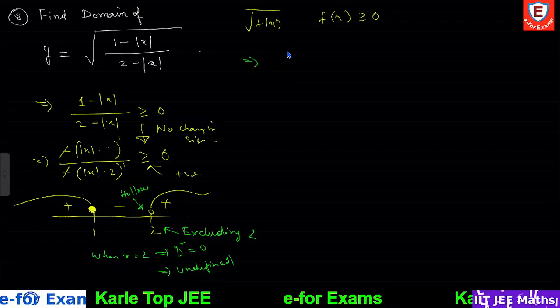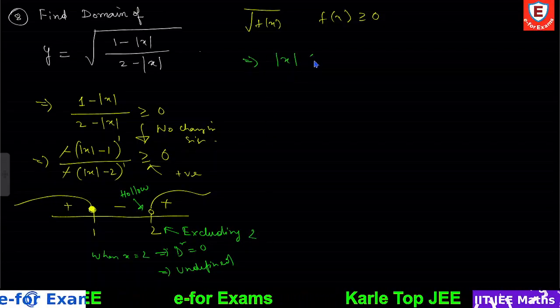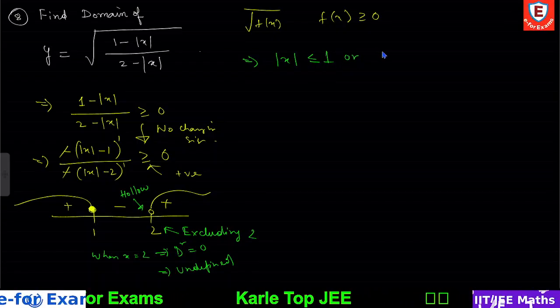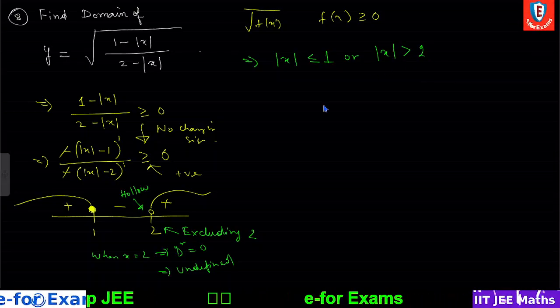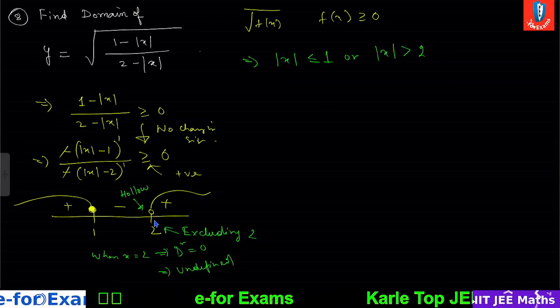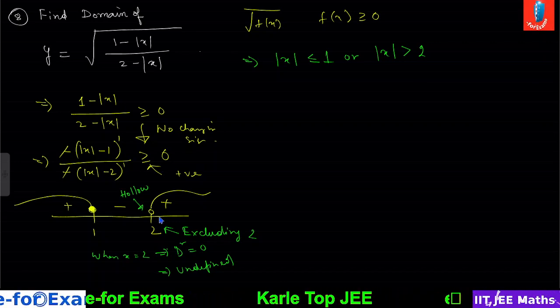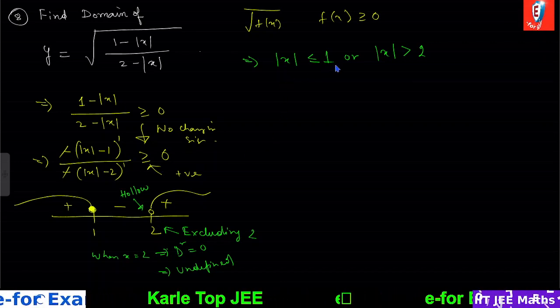This implies mod x is less than or equal to 1 or mod x is greater than 2. Here we are excluding the equal to sign because of this hollow circle, right? Mod x is greater than 2, or mod x is less than or equal to 1.